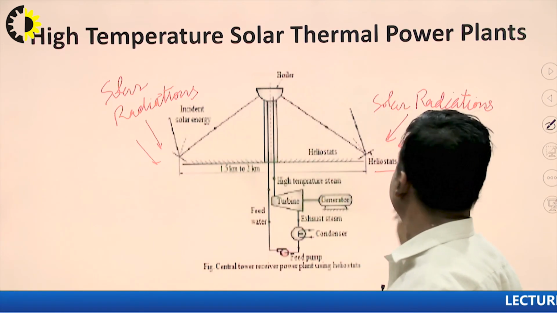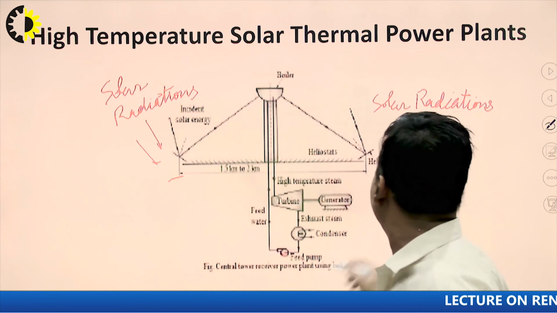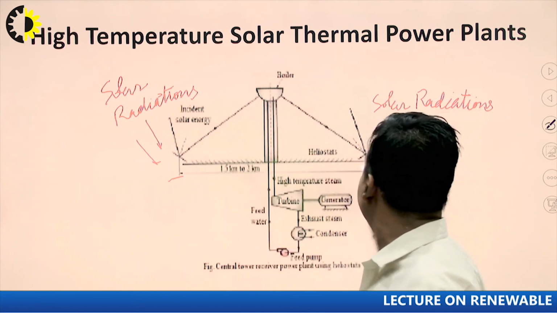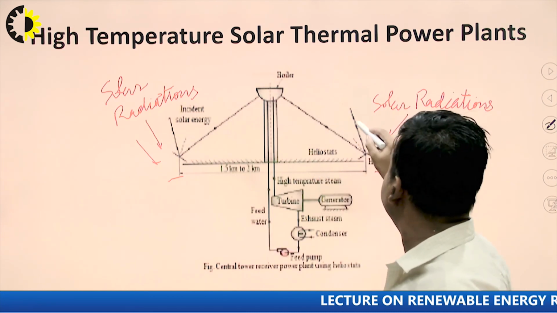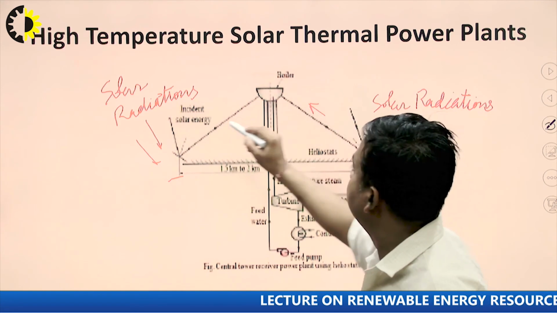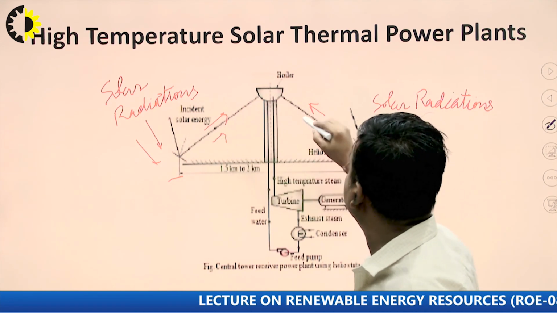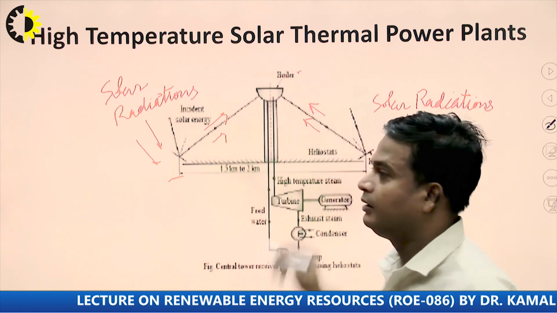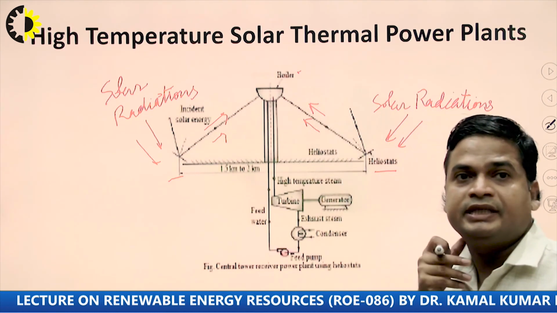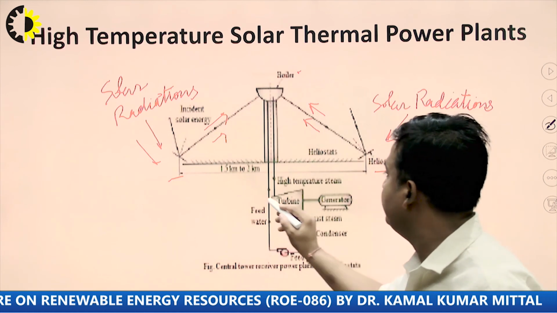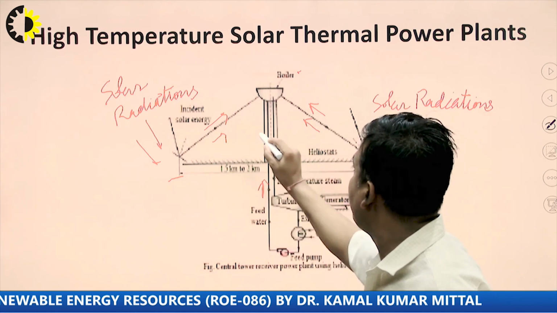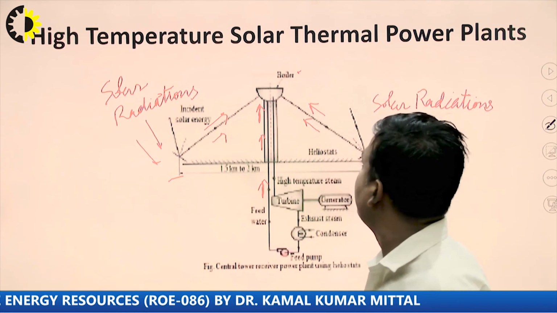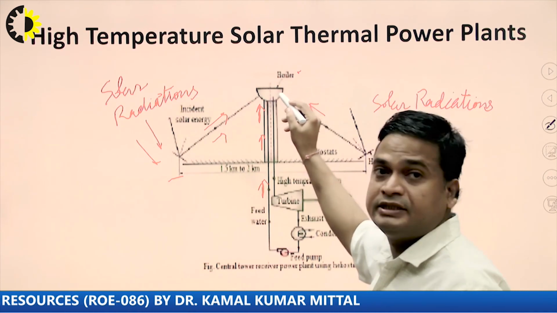These are heliostats, and the radiations are falling on these plane mirrors and are reflected back in this direction. The boiler takes the radiations, and we are feeding the water. This feed water is sent to the boiler.